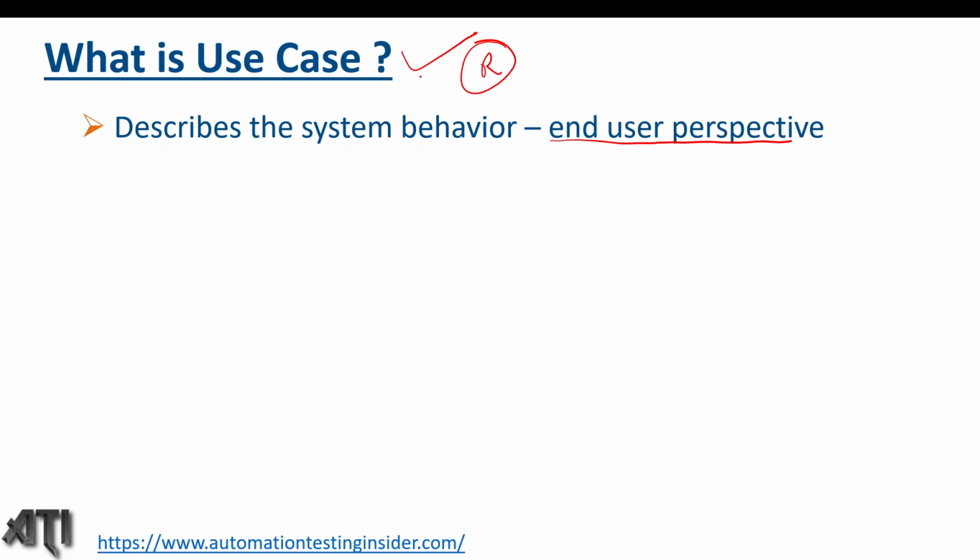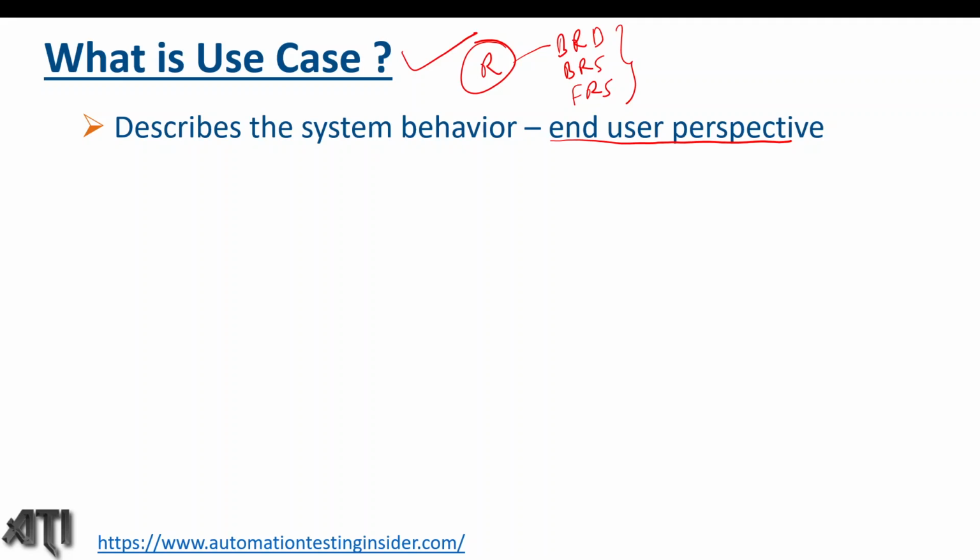Those requirements will be converted into different business requirement documents, for example the business requirement document, the BRS (business requirement specification), or the FRS. These are the different documents prepared by business users or business analysts, and we write down all the requirements over here. Now the use cases will be derived from these documents.